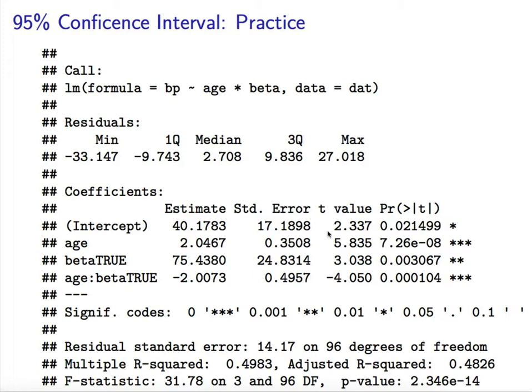So we can use these results here to look at the individual betas or the coefficients, but it doesn't tell us what the slope for that line is going to be, which is going to be a combination of those two. So let's go ahead.